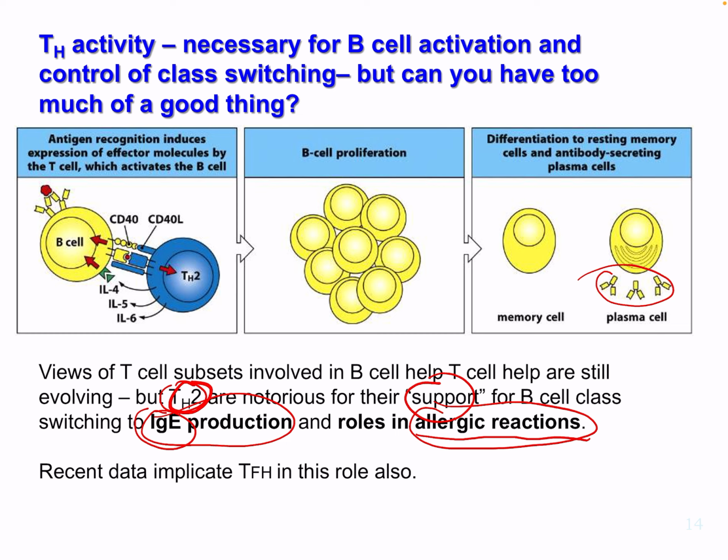Sometimes people with allergic reactions can be considered Th2 sensitized, in a sense. They will respond to this antigen with a Th2 response, compared to other people who will have a Th1 response and won't get the allergic reactions, but these people will. But we'll get to that in more detail later.